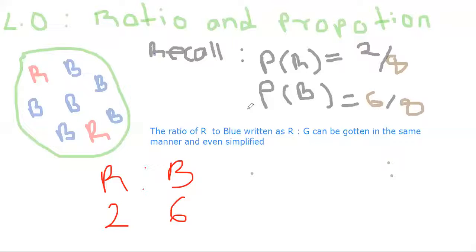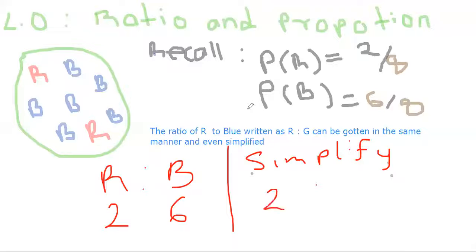Simplifying now. Simplifying is easy. I just check. We have 2 is to 6, right?